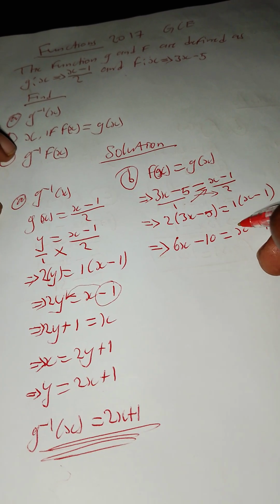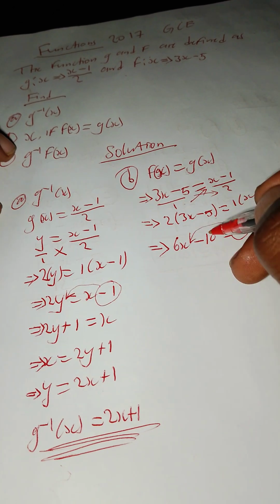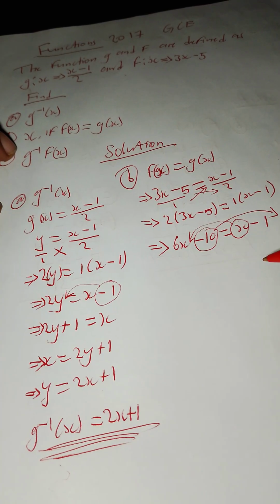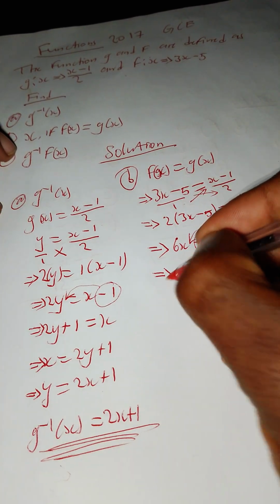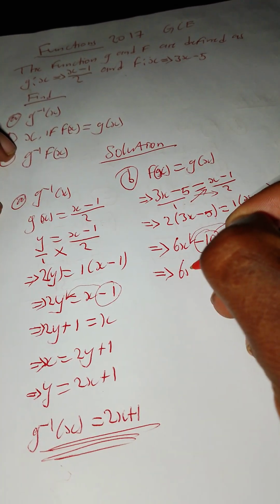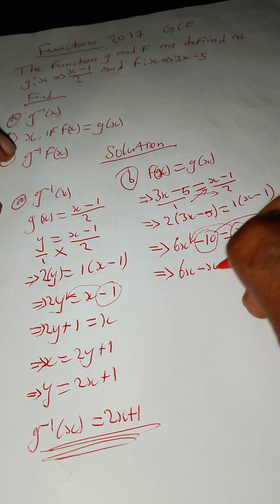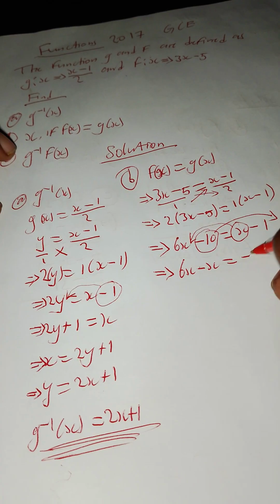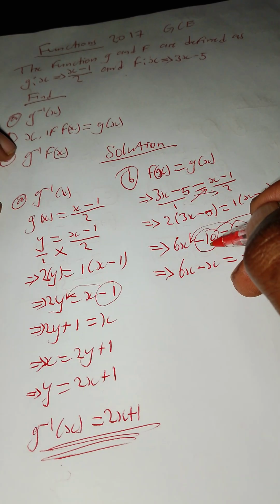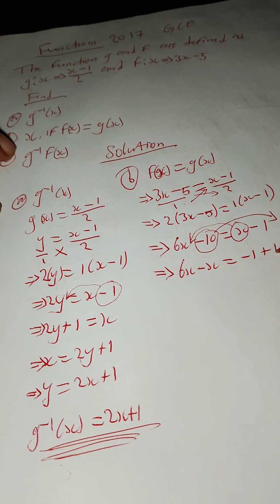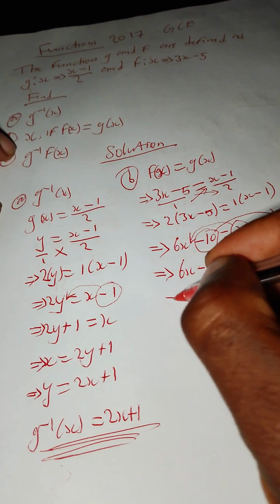So now this guy follows the other. At this stage we say grouping of the like terms. So 6x, this x is positive here, when it comes here it will be negative. And now negative 1, this guy is negative here, when it crosses the equal sign it becomes positive, so it will be positive 10 there.